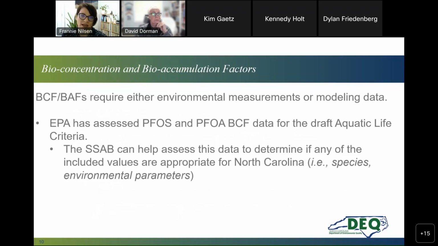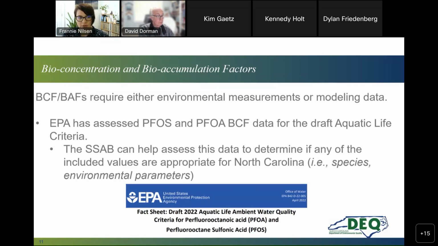And the EPA has actually assessed a lot of PFAS and PFOA bioconcentration data for their draft aquatic life criteria they've recently published. And this is an area that the SAB can help us with to assess this data and determine if any of the values included in this report are appropriate for North Carolina based on species and environmental parameters.